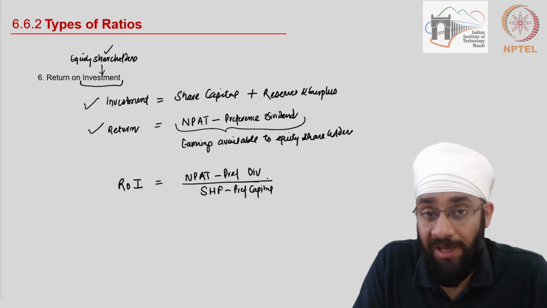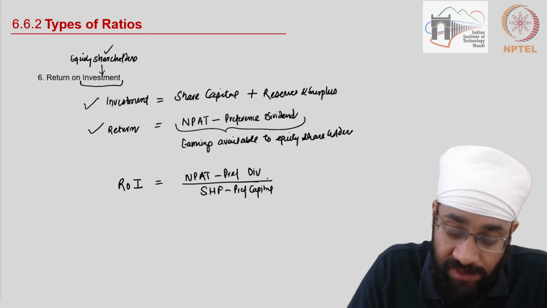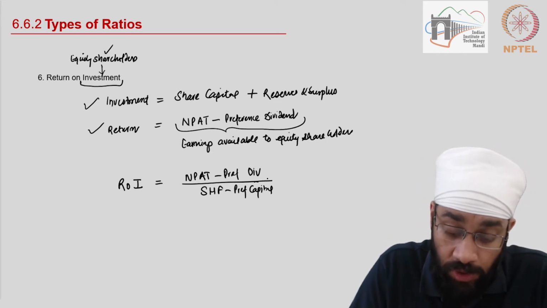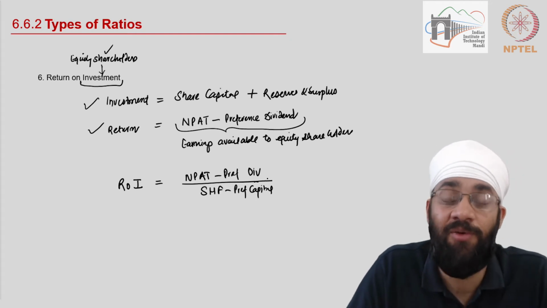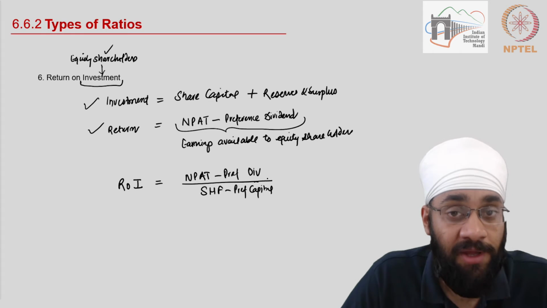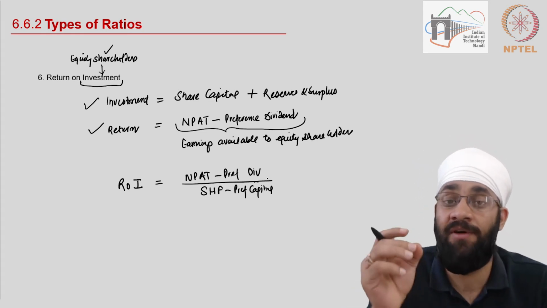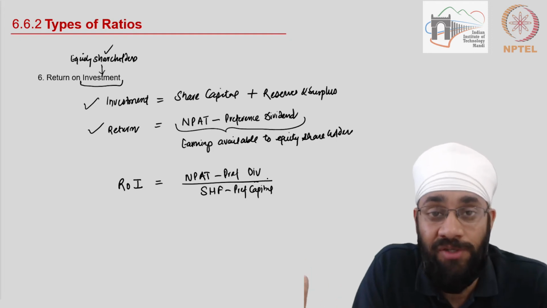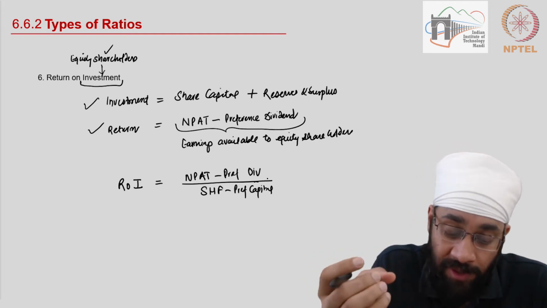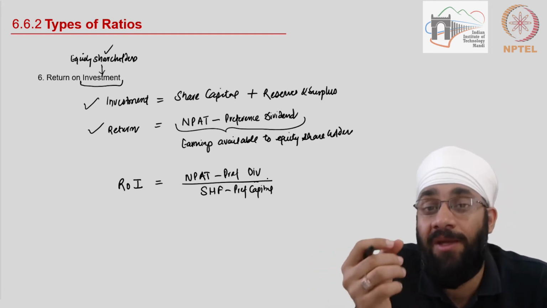So the question can be, why are we taking out preference capital from this equation? Because preference shareholders have a fixed return. You don't need to do any calculation to figure that out. Preference shareholders have a fixed return, 10% for example, and they know that is their return, no calculation required at all. So the only calculation that is required is for equity shareholders.